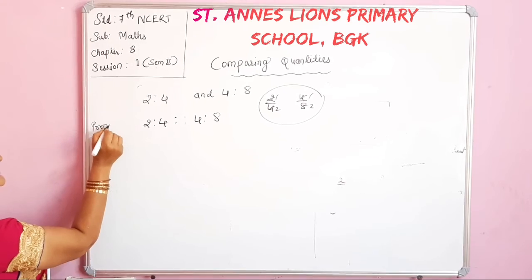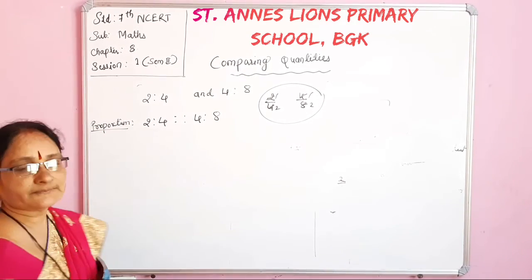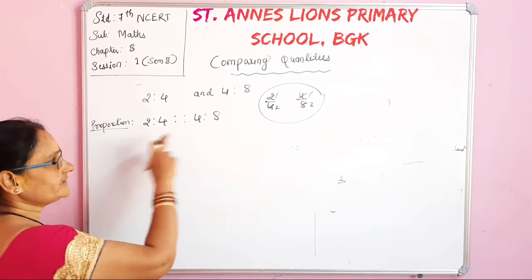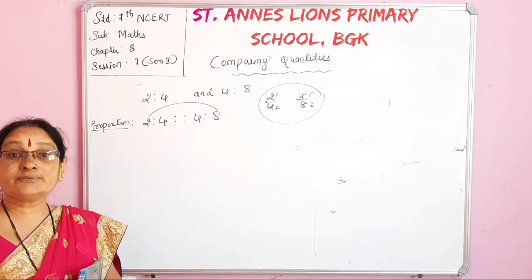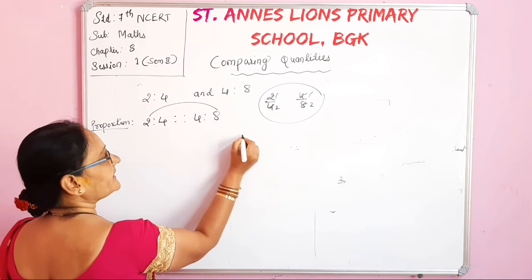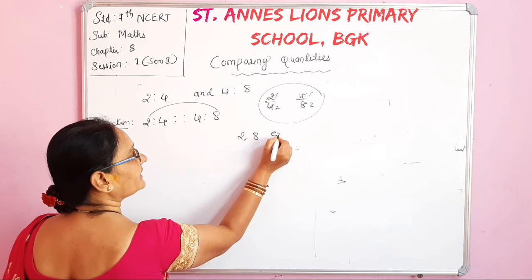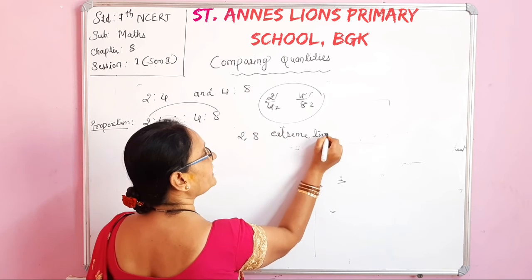This is called proportion, writing in the proportion way. Here in this proportion, 2 and 8 are called extreme terms. They are external, they are outside.